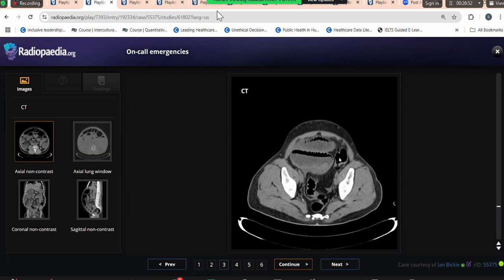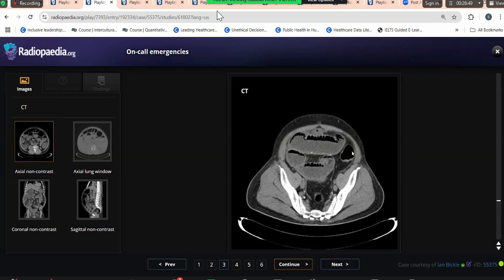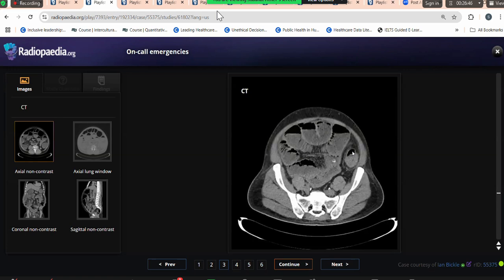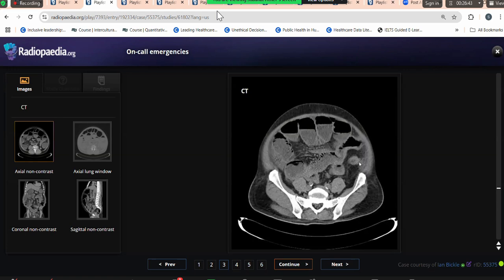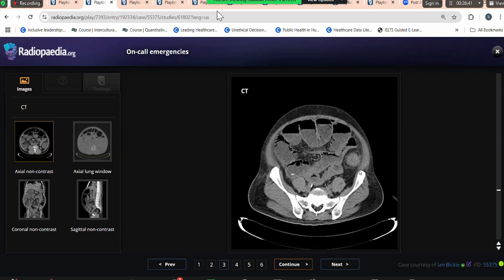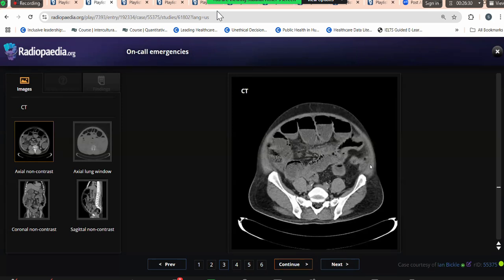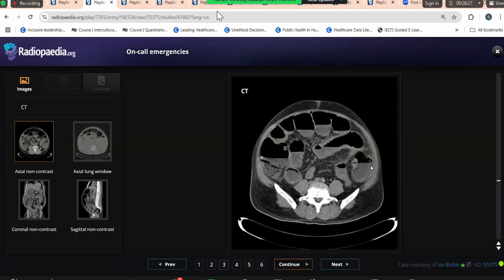This is the rectosigmoid, and going back up, now it's moving. So there is a segment of thickening in the descending colon, which I can appreciate with some perilesional fat stranding. So keeping this in view, this would likely represent a colonic mass. And next, I would also look at the lung window to confirm there's no pneumoperitoneum, and I would then refer this patient to the lower GI MDT for further colonoscopic biopsy of this mass and CT staging.